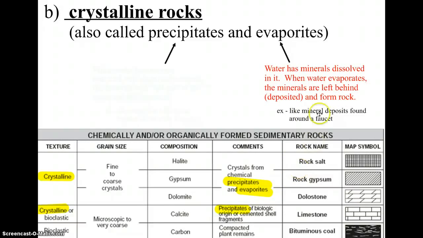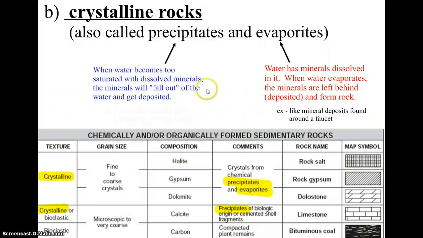So let's look at some rocks that form this way. Actually, let's talk about precipitates first. You know the word precipitation, and you think of rain falling or snow falling. There's also another process. When there's water that is very saturated, very filled with minerals, the minerals can build up and become too heavy to stay suspended in the water.